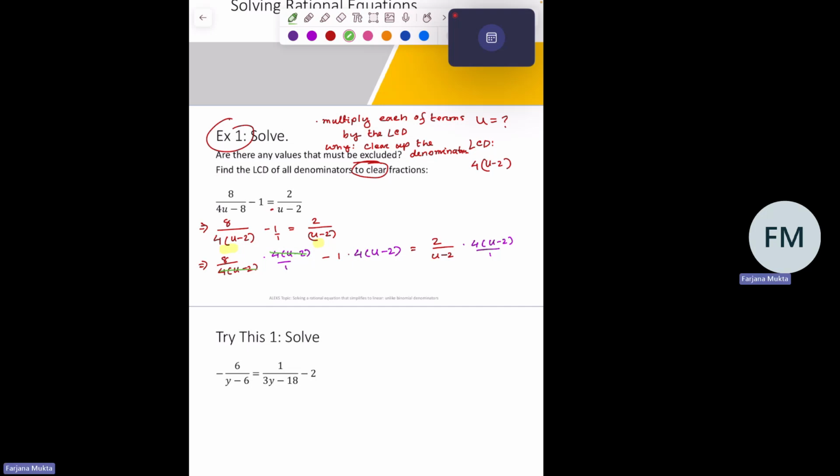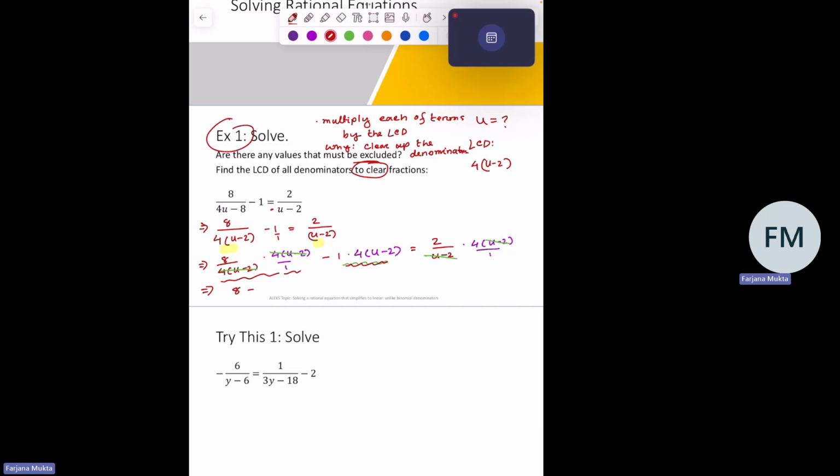Here, there are actually no denominators in the second term, so no cancellation. On the other side, u minus 2 gets cancelled. What is left after all this cancellation? On the first term, we are left with 8, nothing else. The denominator is just 1, so we can just not write it.